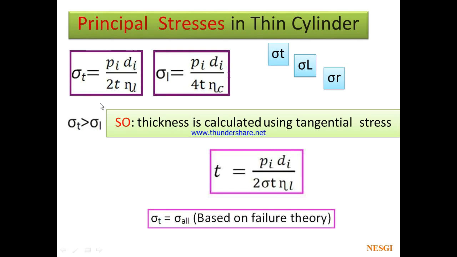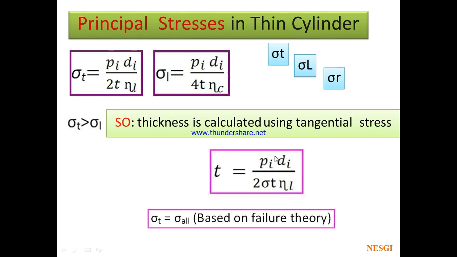You can see this is the formula which we already discussed, for sigma T and sigma L. Here we are not going to neglect sigma R. So sigma T here is greater than sigma L, and thickness is calculated using tangential stress. Sigma T is always more than sigma L, so for safety we have to consider the sigma T equation to find the thickness of the cylinder.